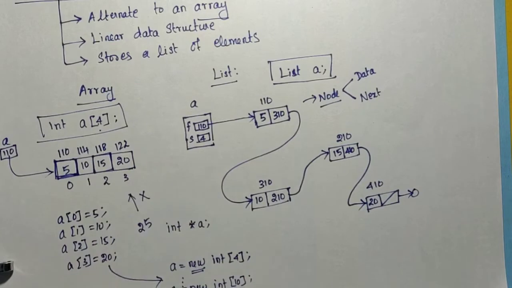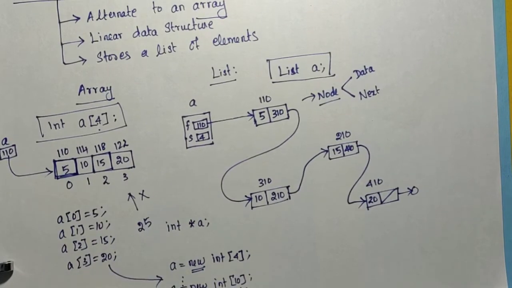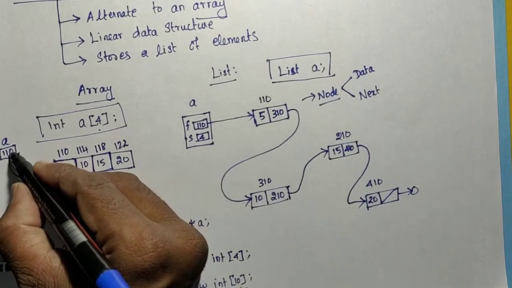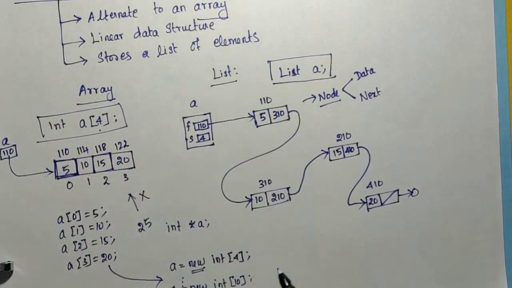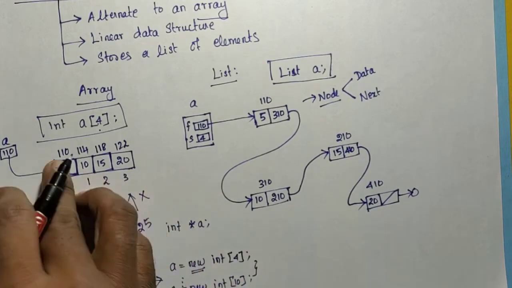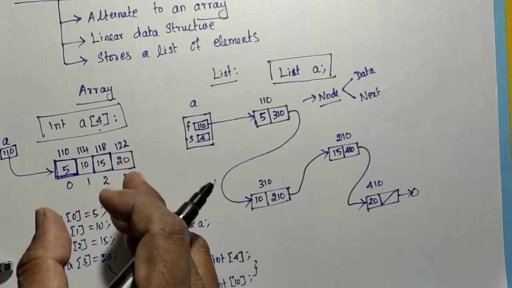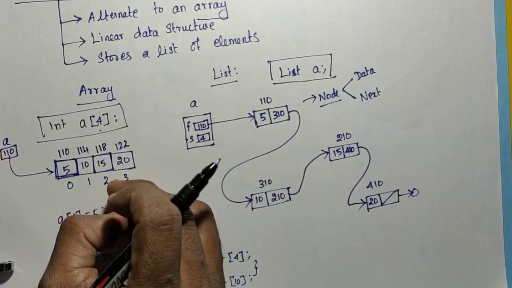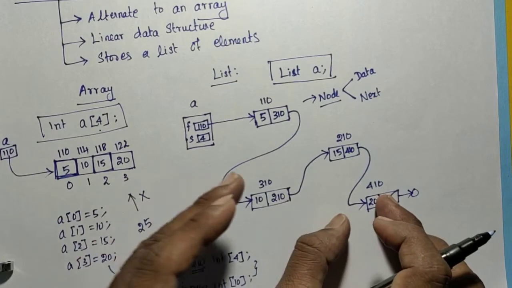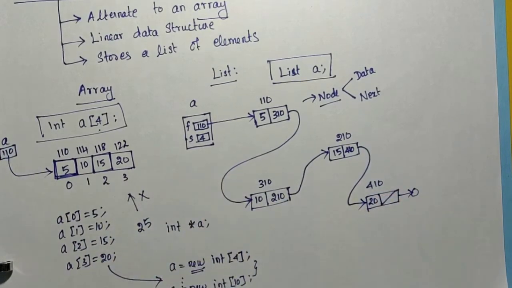So these memory locations may be created at the 210th memory location. That address will be stored to that a. So we are losing the original information. So that is also not possible. Dynamically we cannot increase the size of the existing array. Dynamically we cannot delete a particular element's memory, but both are possible in the list data structure.